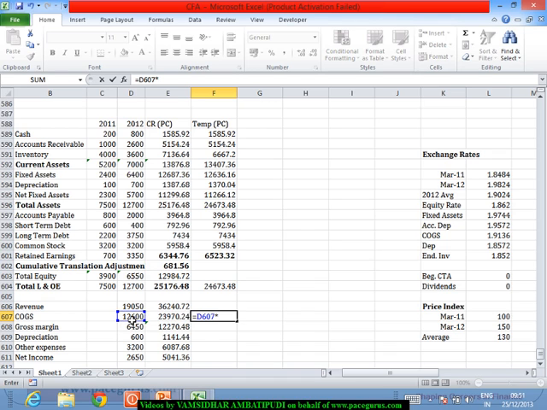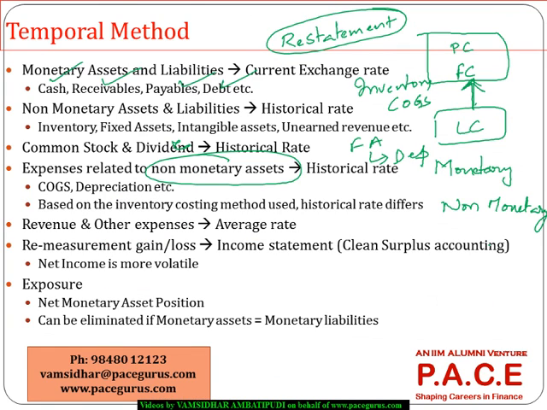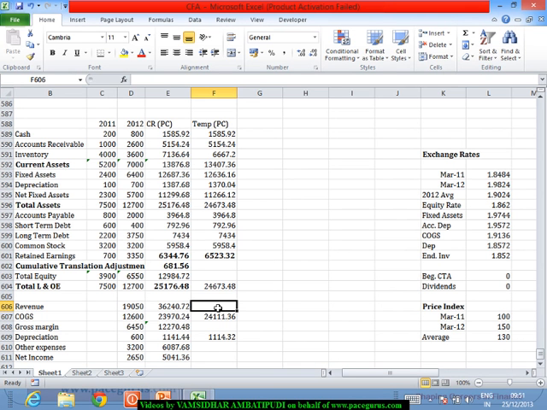So this cost of goods sold, I will take as per this exchange rate. Then depreciation, I will take as per the depreciation rate, and the remaining things which are related to monetary assets and liabilities, all the other expenses and all the other revenues, I convert using the average rate itself, which was the same as in the current rate method also.